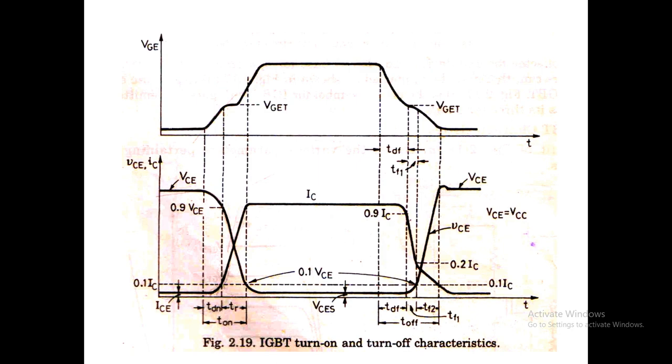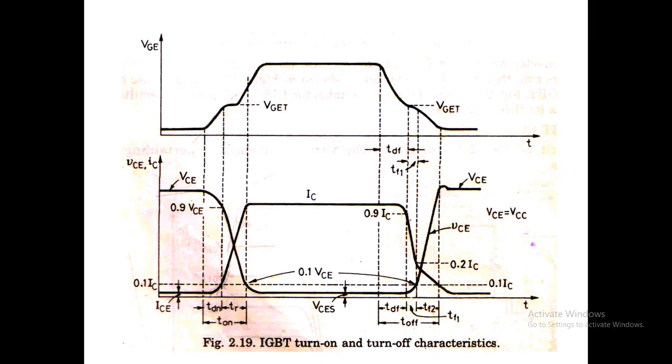During the turn off delay time, you can see that the gate voltage is reduced from the maximum value to the threshold voltage, and the current is decreased from the maximum value of IC to 90 percentage of IC, and the voltage remains the same during the delay time.